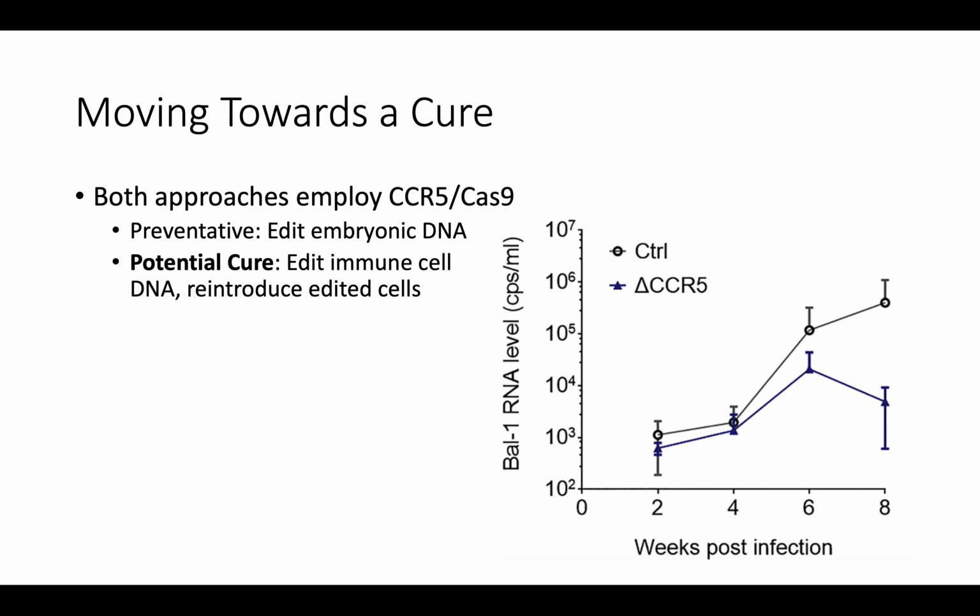A 2017 study, and you can see the results for this on the right, showed that this appears to work very well for lab mice. As you can see from the plot, the viral load substantially decreased by at least 2 orders of magnitude as measured by parts of viral RNA in the bloodstream of treated mice as compared to untreated mice. Another bonus of this approach is that, unlike the crazy scientists, this one is peer-reviewed.